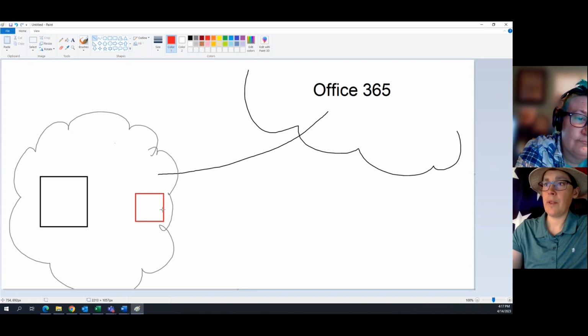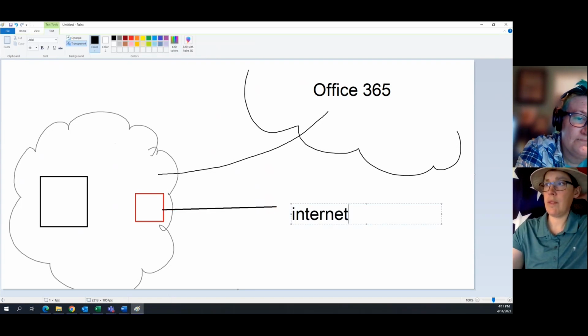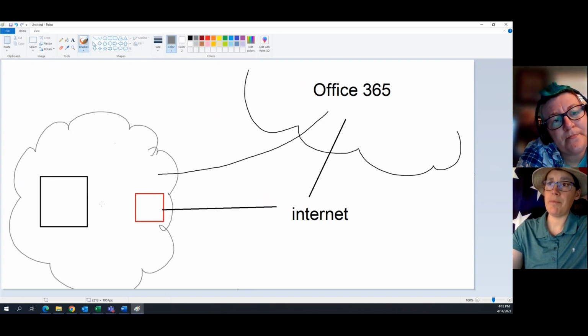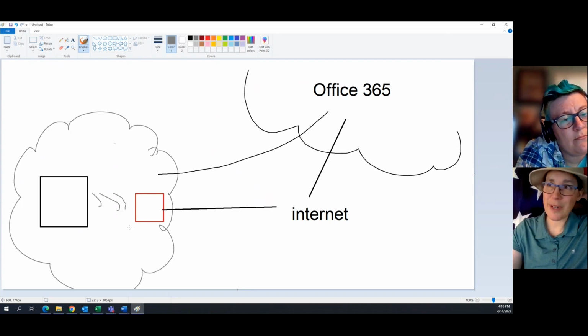So firewall to internet, and then internet to cloud. So we've got this wireless network that's somehow helping your computer transmit to the internet, right?